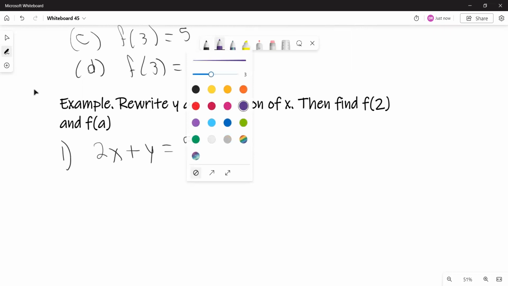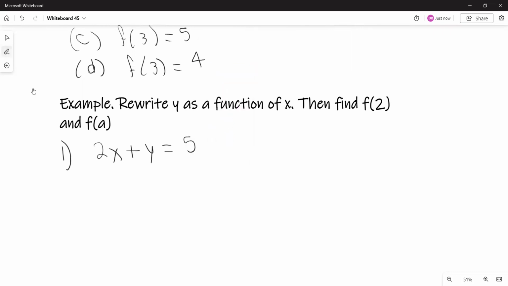There are two steps. We're going to solve this equation for y, or isolate y on one side. We subtract 2x from both sides, and y is minus 2x plus 5. So this equation, as a function of x, is f of x equals minus 2x plus 5. And then we can evaluate f of 2 and f of a.